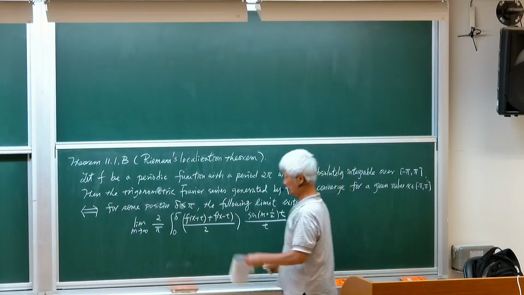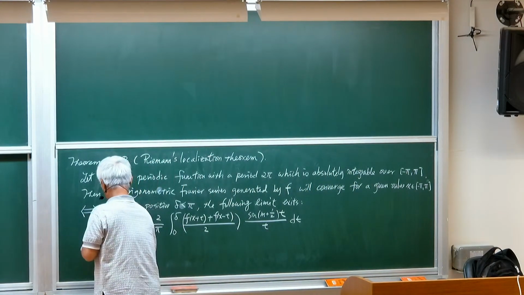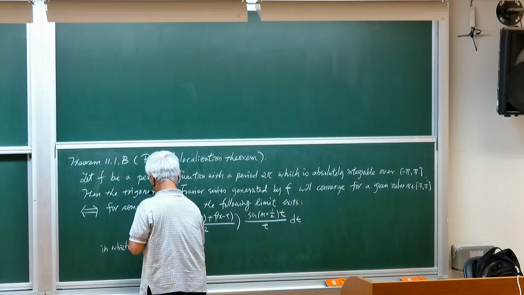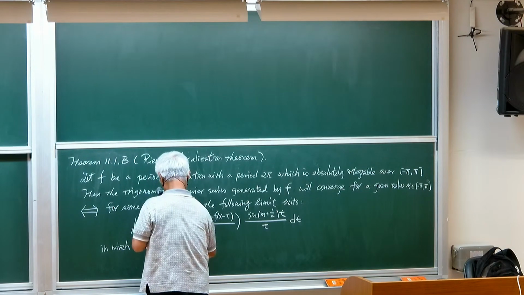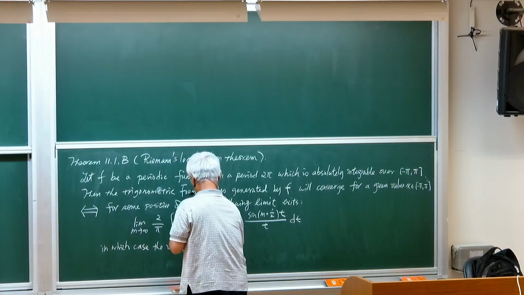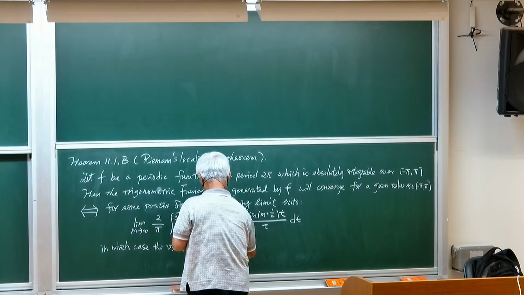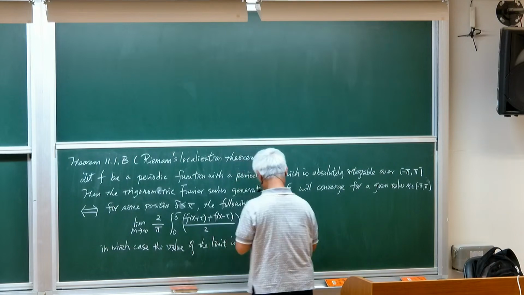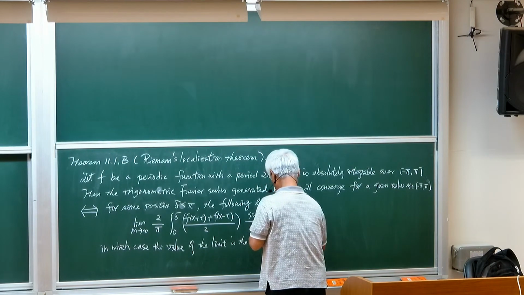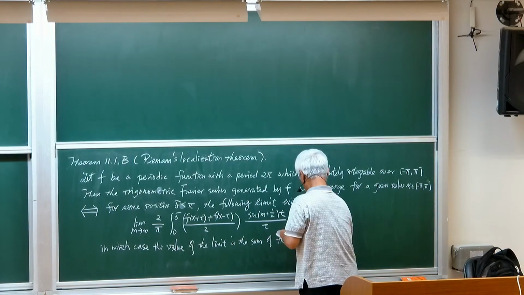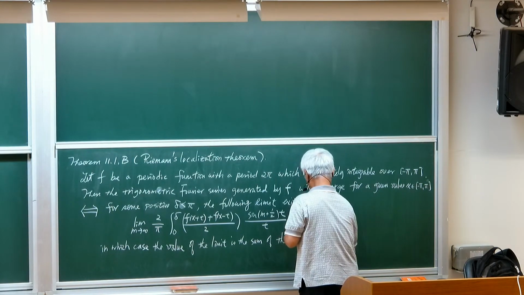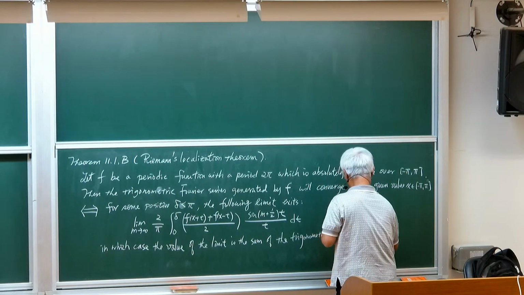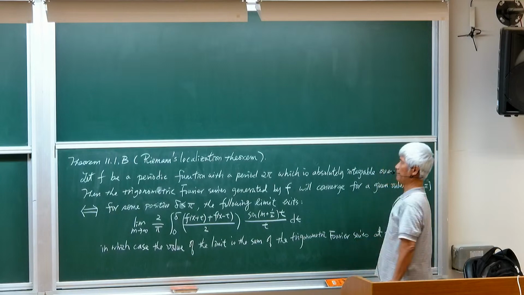Okay? In which case, the value of the limit, okay, is the sum of the trigonometric Fourier series at x. Okay.